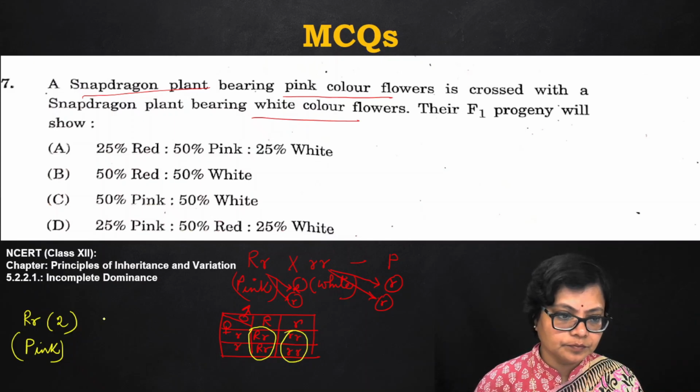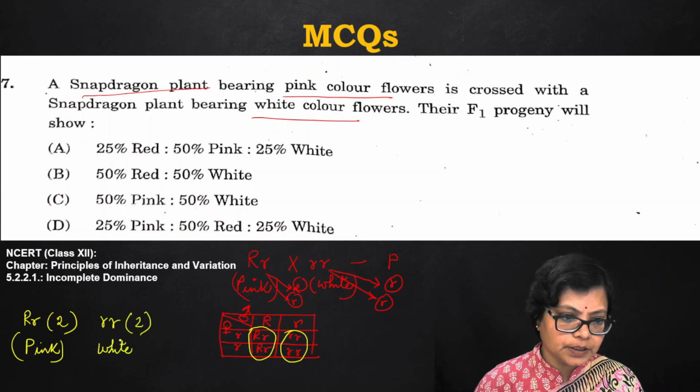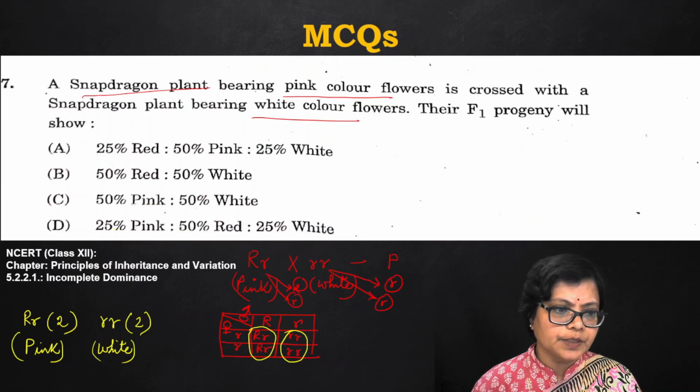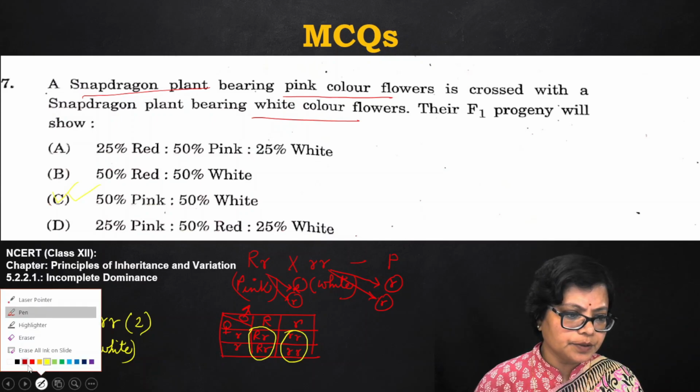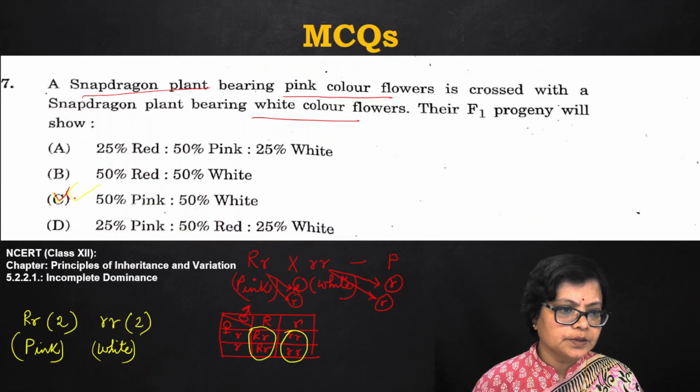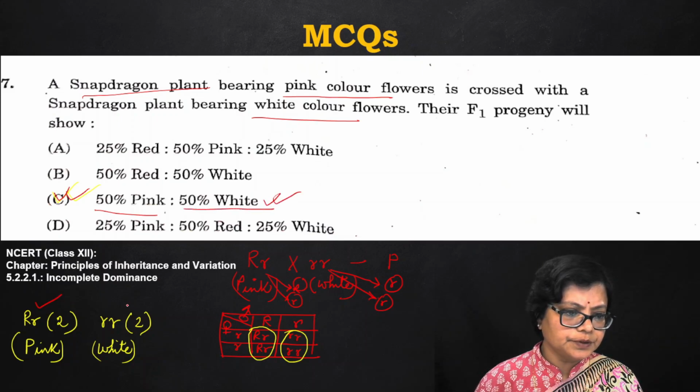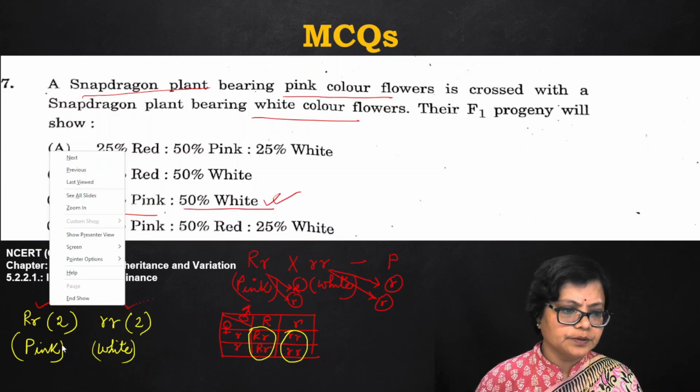Small r small r, the number will be 2, it is white color. So pink to white is 50-50. That will be the option. Correct option will be C. Pink 50 and white 50. Okay, next.